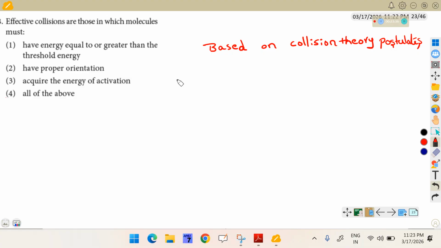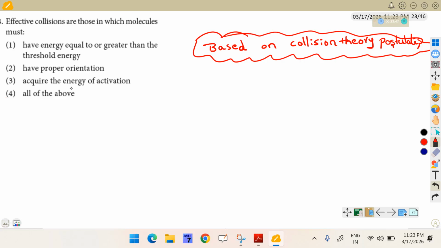Effective collisions are those in which molecules must... So this is based on collision theory postulates. Molecules must have energy equal to or greater than threshold energy. Correct. Molecules must have proper orientation. Correct.